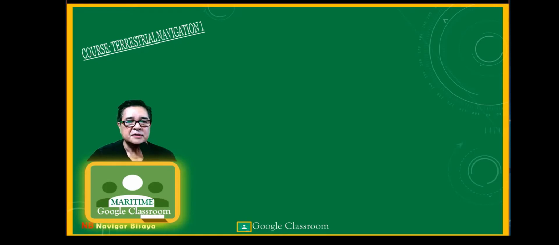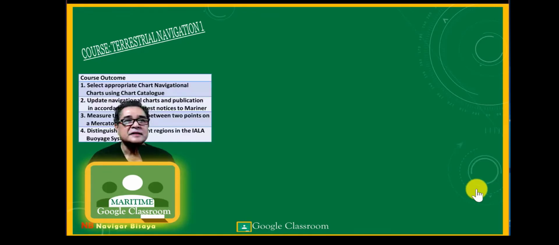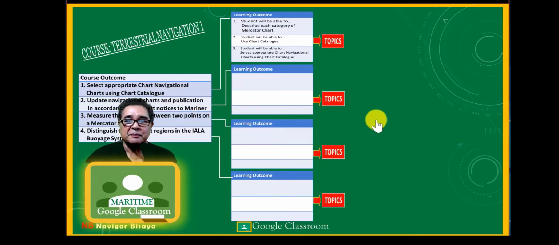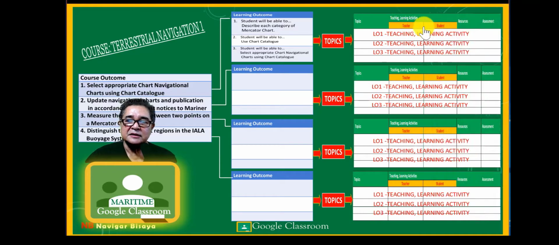This course is Terrestrial Navigation 1, the map for creating teaching and learning activities for Google Classroom. First, you have the course outcome, the learning outcome for the course outcome. Then you have the topics. Then each topic has a teaching and learning activity. So let's begin.